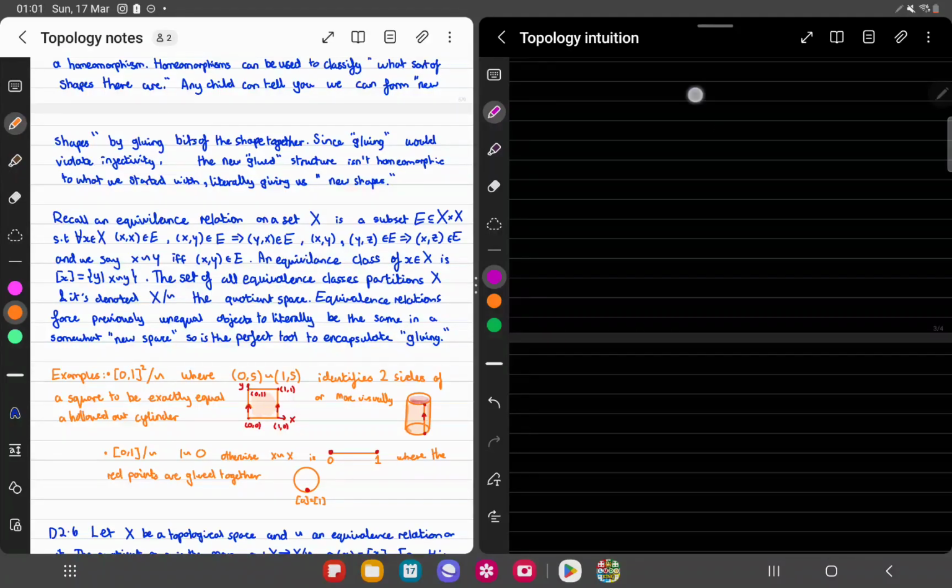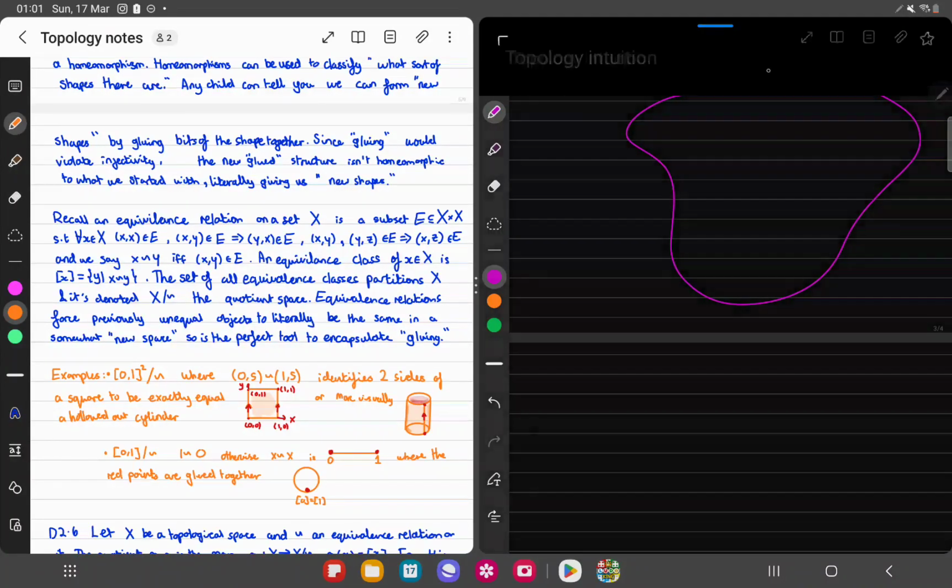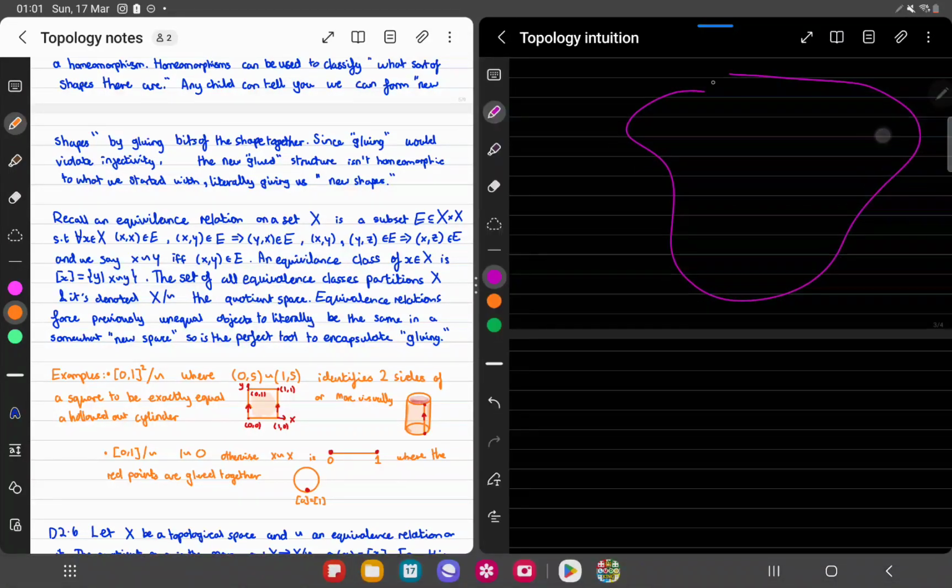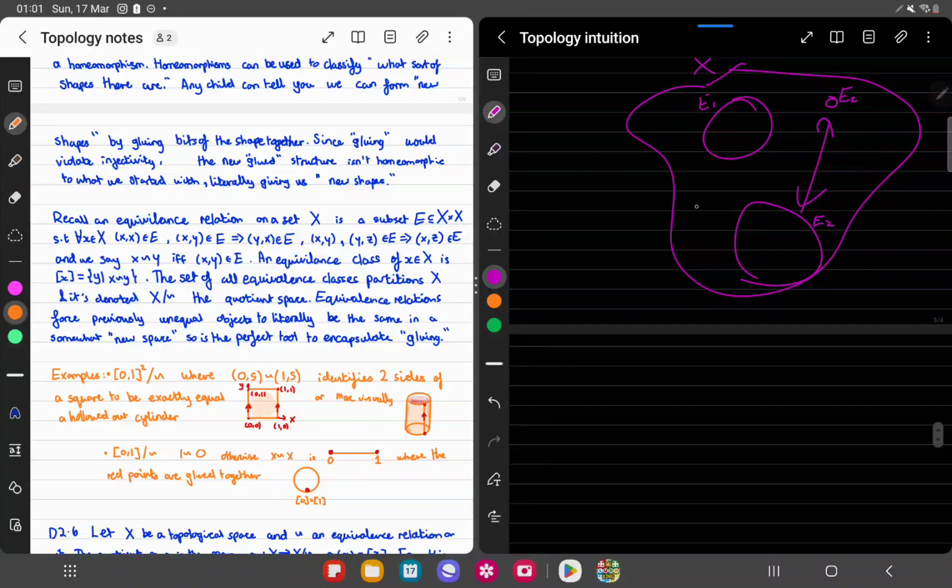I think it makes sense intuitively, because maybe this is your space X here, so maybe these things are equal, this one and those things are equal. So maybe let's say this is E1, this is E2, and this is E2. It's the same space, but it has been kind of disjointed.